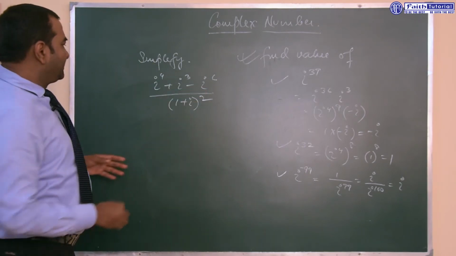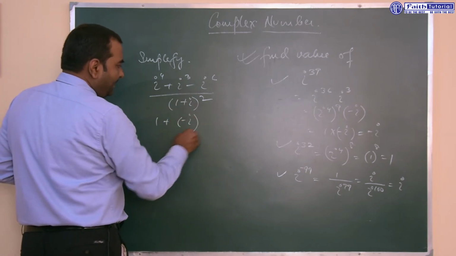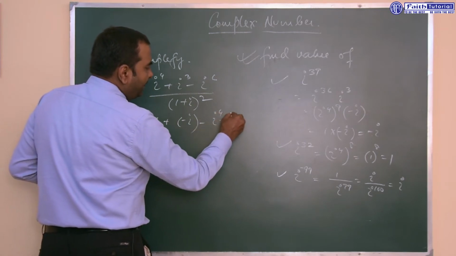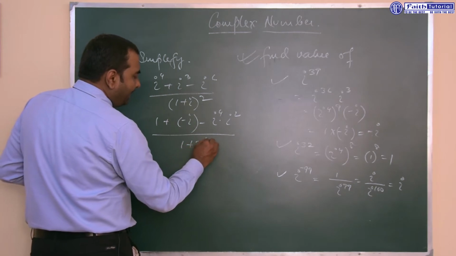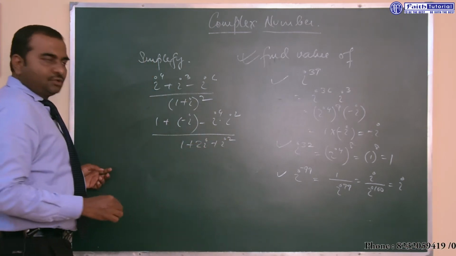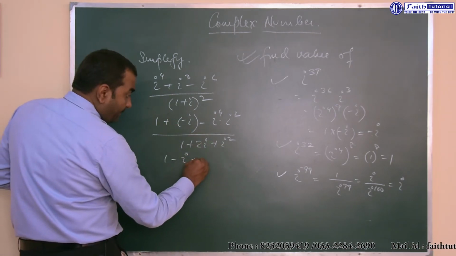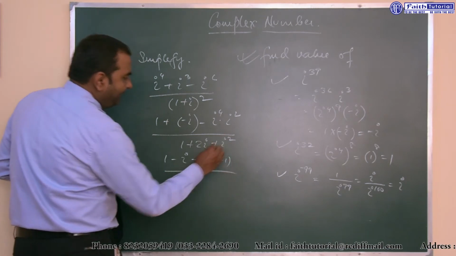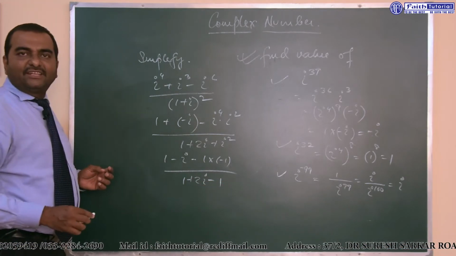We have to simplify this. As we know, i to the power of 4 will be 1, i cube will be minus i, and i to the power of 6 will be i to the power of 4 into i squared, divided by 1 plus 2i plus i squared. So that becomes 1 minus i minus 1 into minus 1, divided by 1 plus 2i minus 1. i square is minus 1.